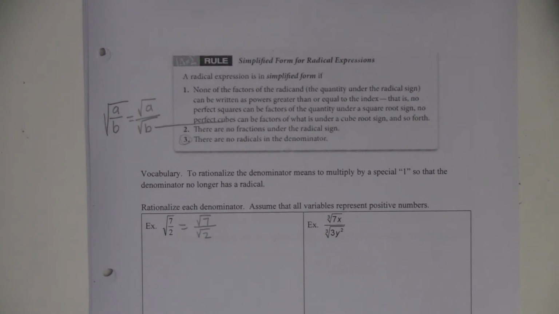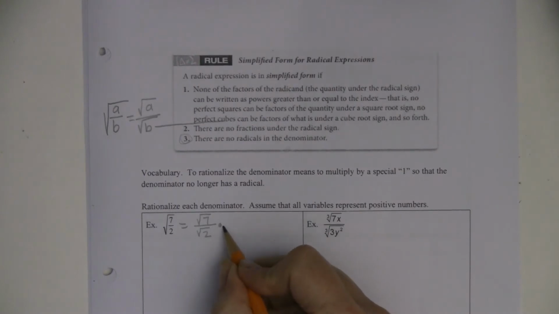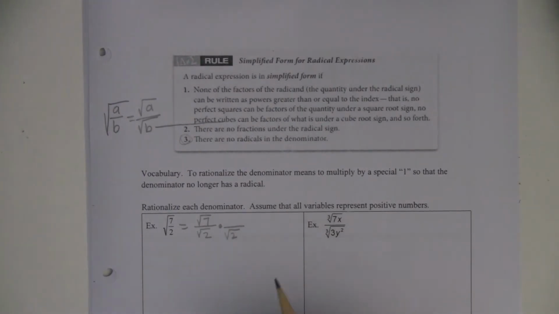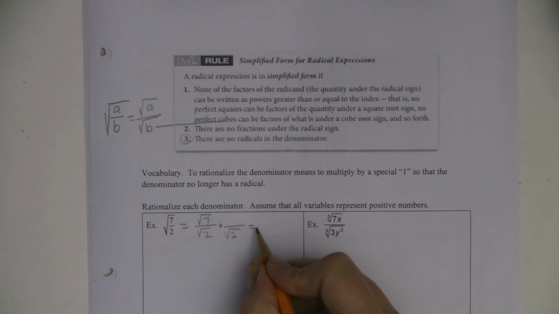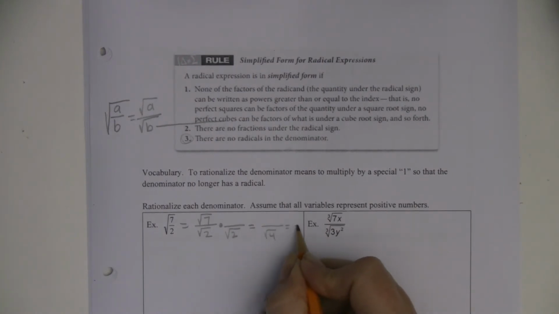And how I'm going to get rid of it is make the square root of 2 into a perfect square. So if I multiplied the square root of 2 by the square root of 2, the reason I'm doing that is I want to get rid of the radical in the denominator, and look what this becomes. It becomes the square root of 4, which is 2.